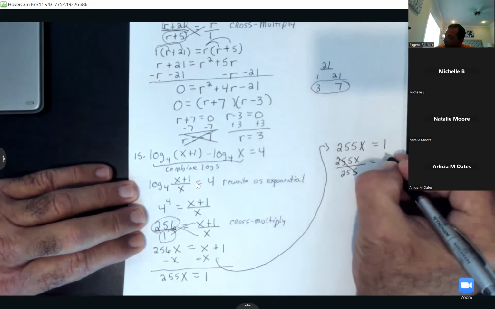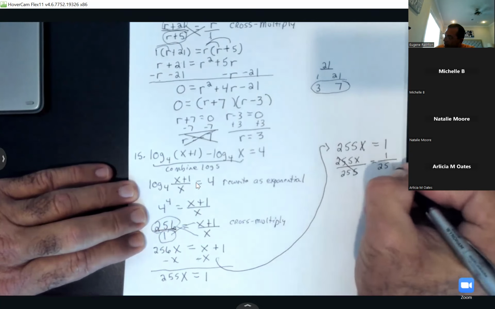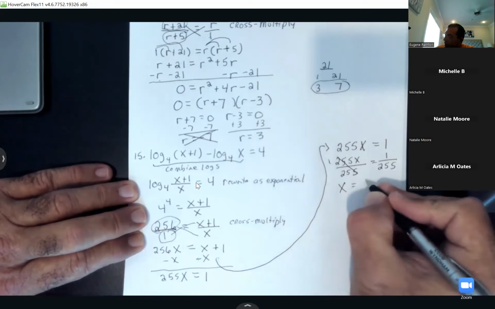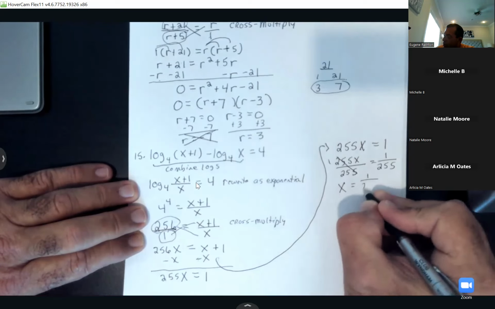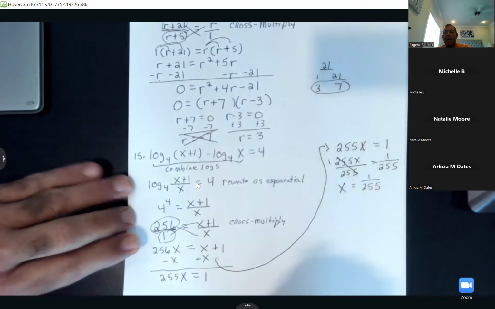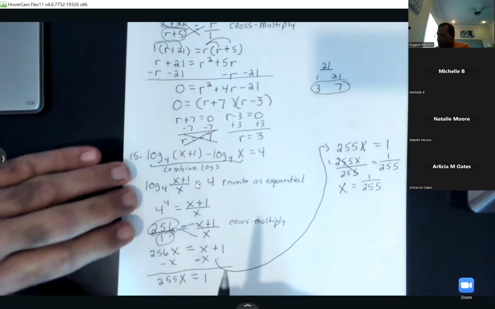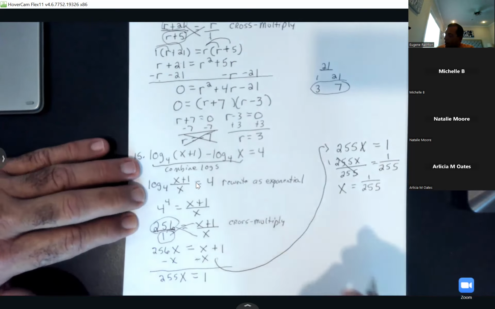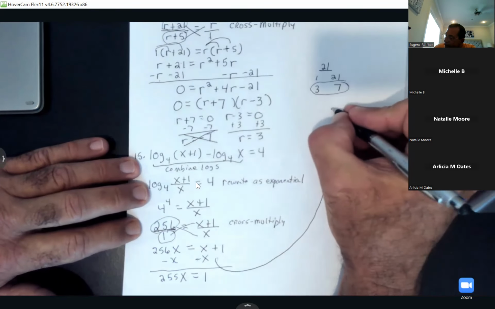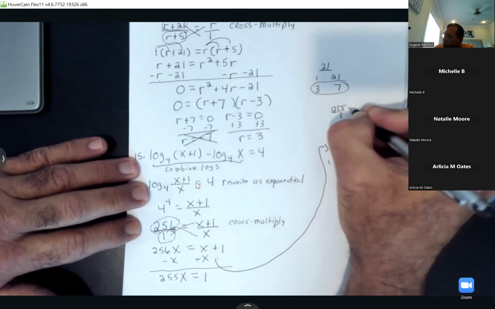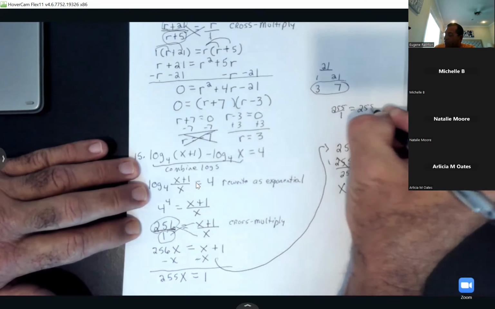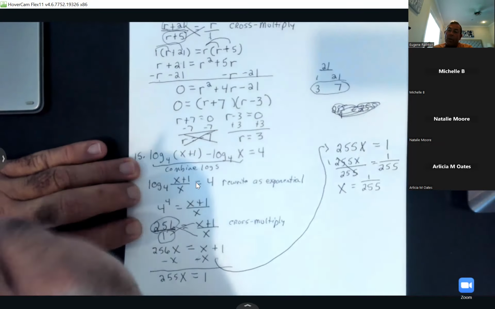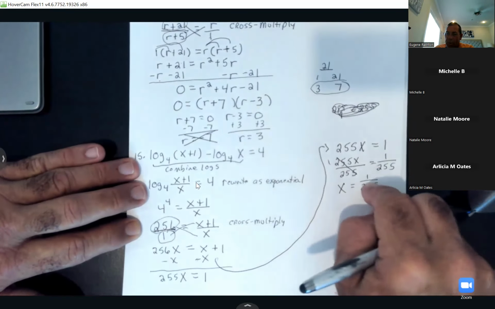And then you divide this side, 1 by 255. So that cancels, giving you 1x, and that's going to equal 1 over 255. Do we keep it as a fraction? Definitely. Now, if it was 255 over 1, then you could write it as 255. But if that 1's on top, you got to keep that 1, okay?